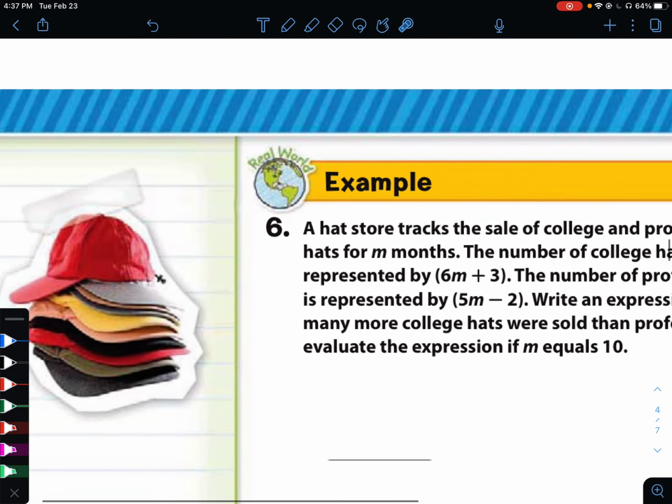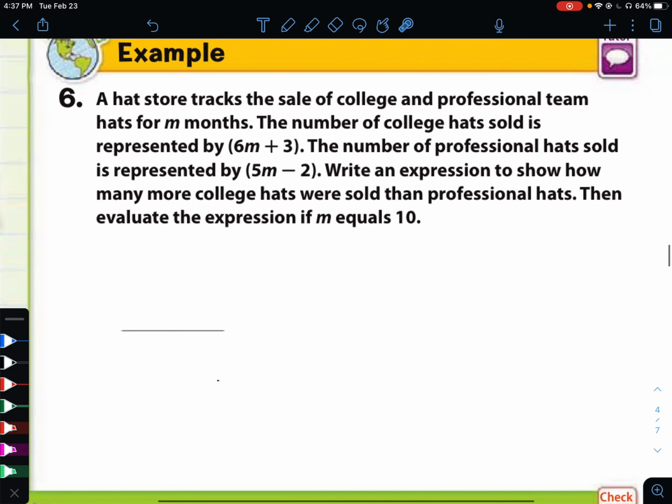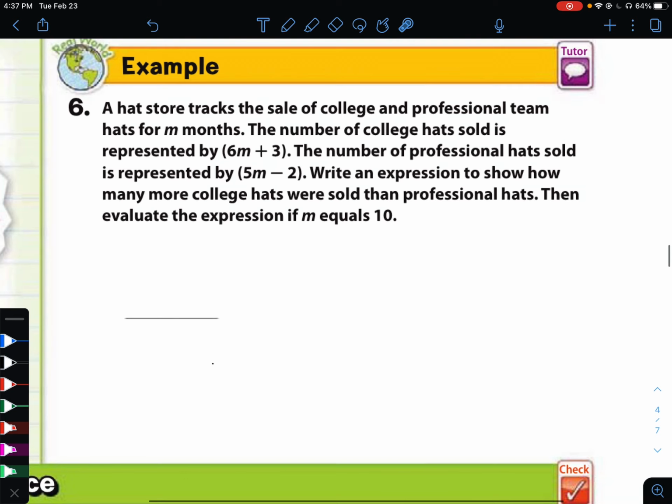Okay, let's do the last word problem here. A hat store tracks the sale of college and professional team hats for m months. The number of college hats sold is represented by 6m plus 3.